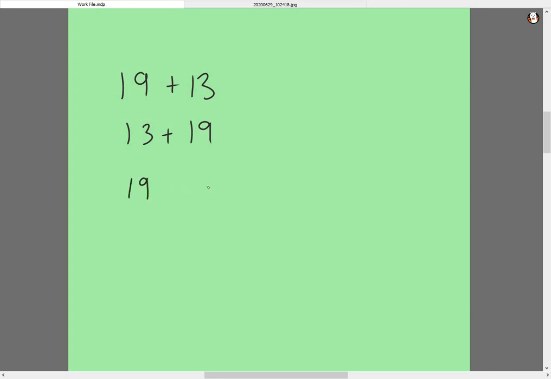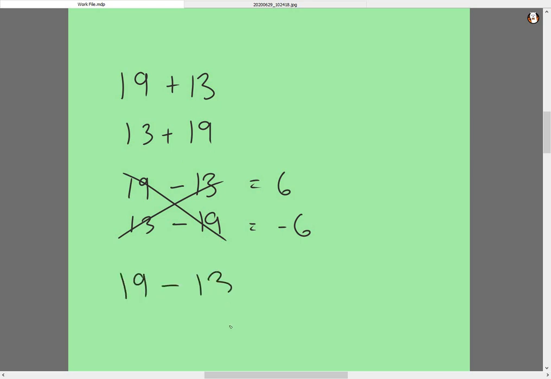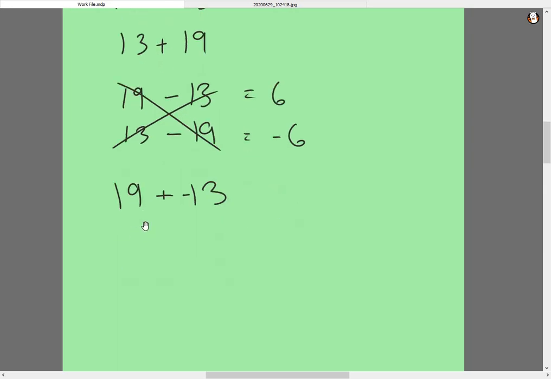But if I have 19 minus 13, I can't just flip these around, right? Because this would be 6, and this would be negative 6. But if it's addition, for example, if this says 19 minus 13, I can make this plus negative 13, and now I can flip it around if I want to.